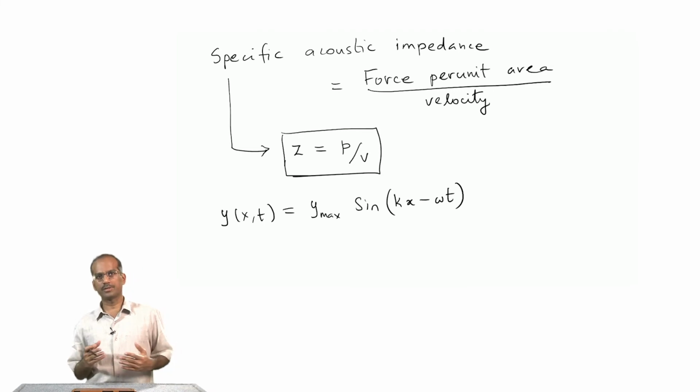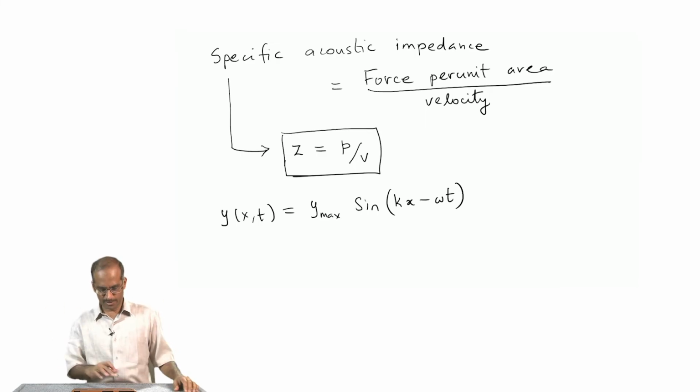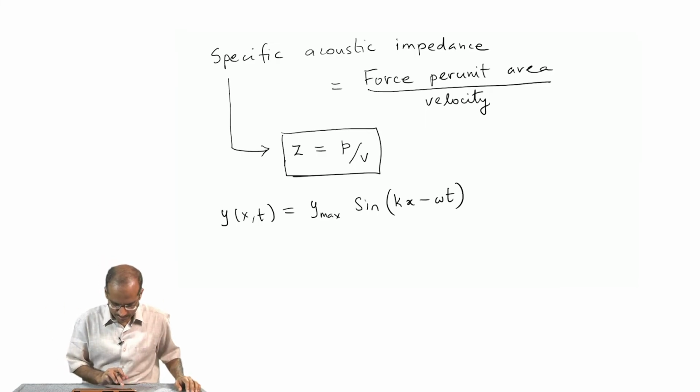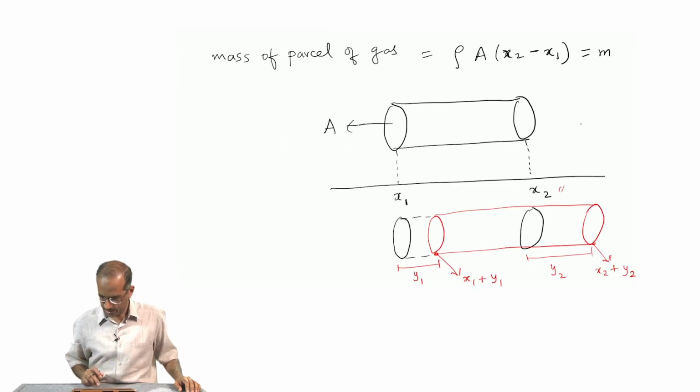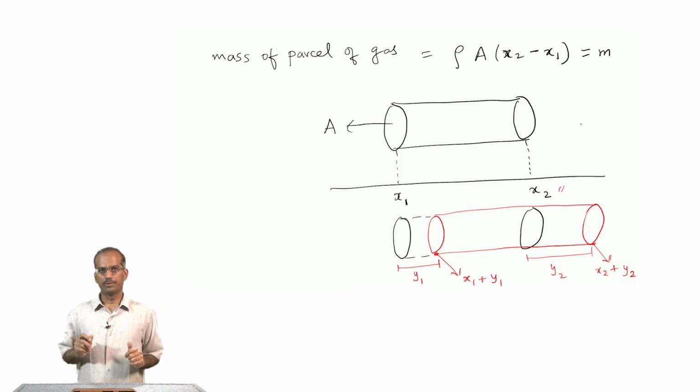So, y in some sense you could think of as the average of y 1 and y 2. If you remember our first figure that we wrote down, we have this displacement y 1 and y 2.